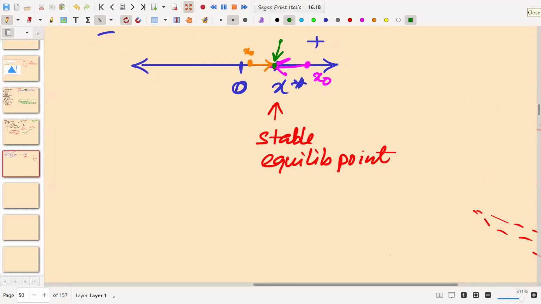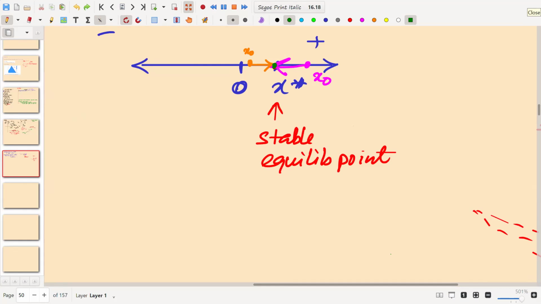Here also you will have parameters, but we are not there yet. We'll discuss that. What I'm giving you is a notion of a stable equilibrium point. Then I will establish the condition for a stable equilibrium point.